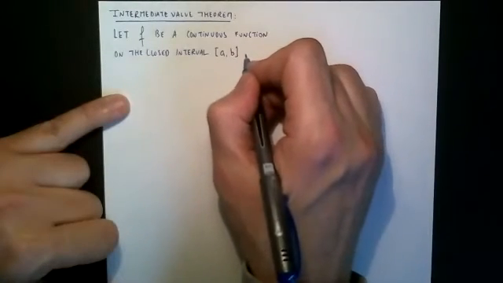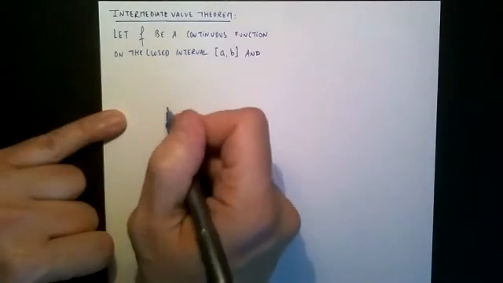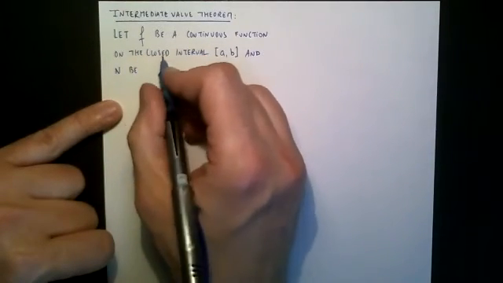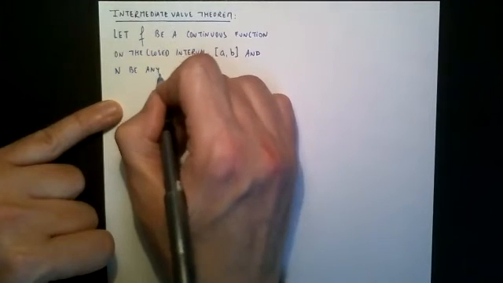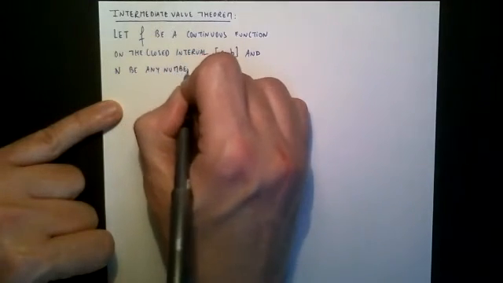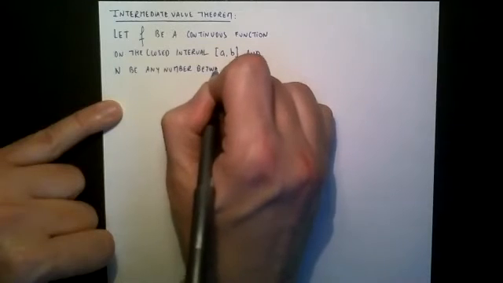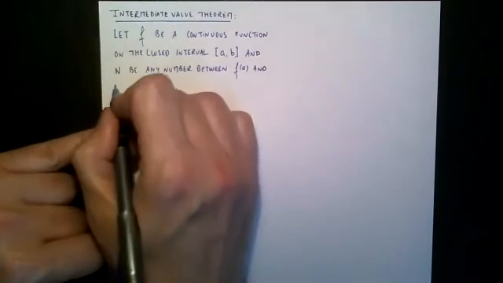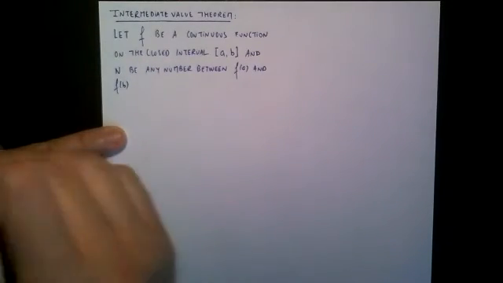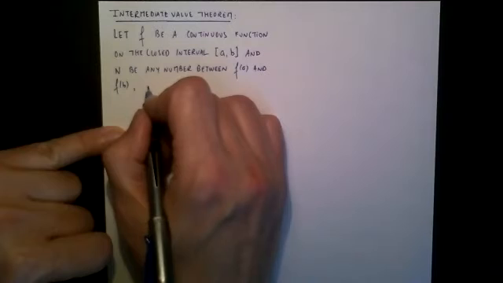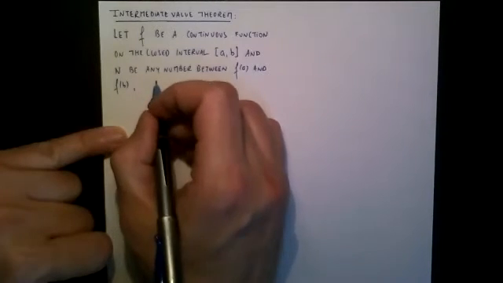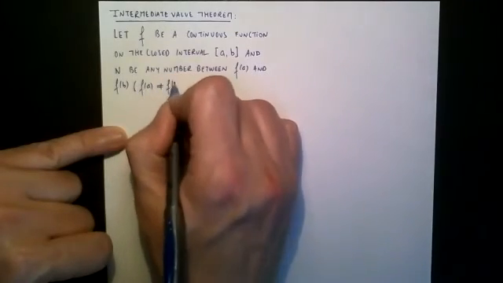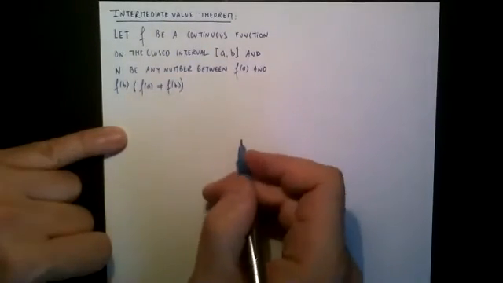Okay, and let's say n be any number between f of A and f of B. With f of A not equal to f of B. I'm going to explain what that means in a second.